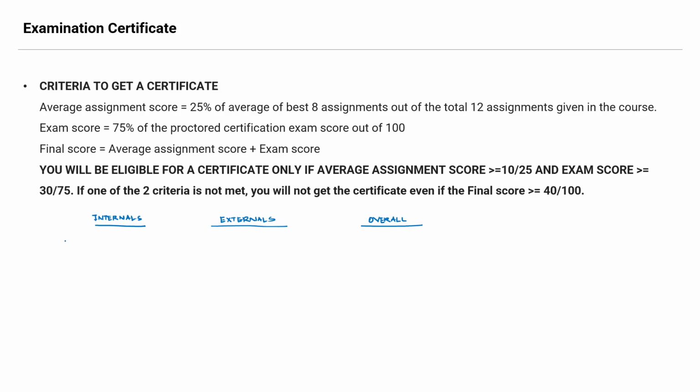What do you mean by internals? All your week-wise assignments. There are a total of 12 assignments from week 1 to week 12, but we consider the best 8. The best 8 performances will be considered while evaluating your average assignment score.